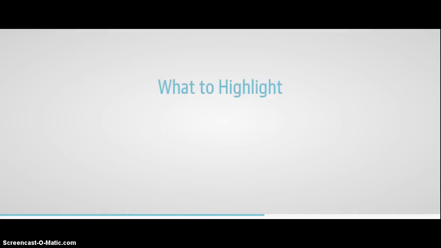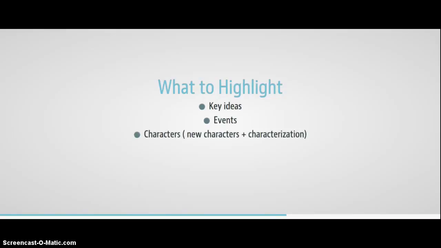So just to sum up once again, what to highlight. You highlight key ideas, key events, so important events, characters. So you want to look for new characters and elements of characterization on both your main character and any important other people in the story. And you want to look for not just themes, but things that build, so thematic elements that let you draw a conclusion that is your theme.